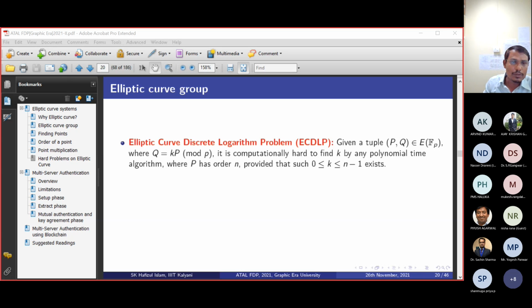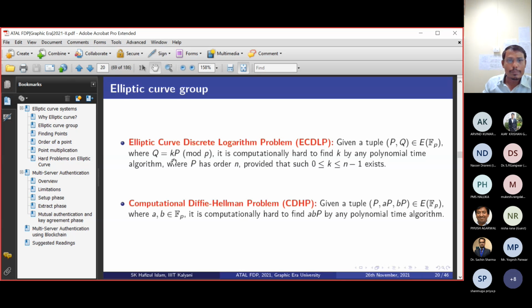That is called the bilinear Diffie-Hellman problem. This is also another hard problem. These are a few examples of hard problems defined for elliptic curves, and based upon these hard problems, you can design a crypto system with respect to elliptic curves. So we defined here the elliptic curve discrete logarithm problem and the computational Diffie-Hellman problem.